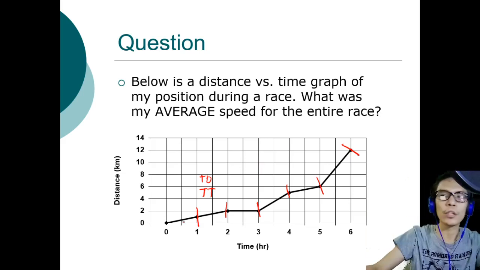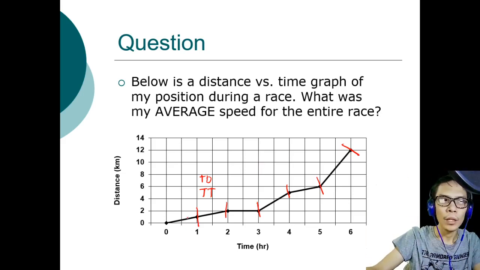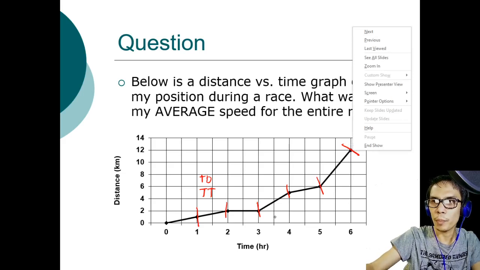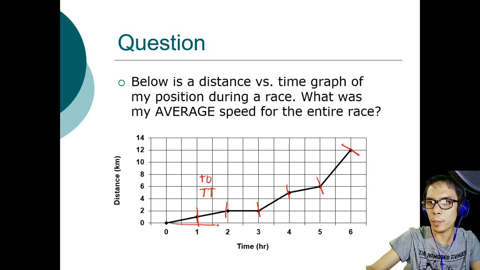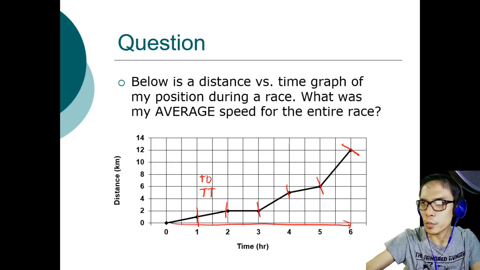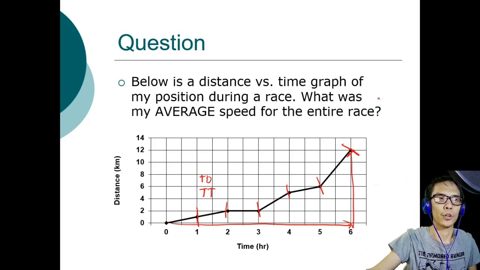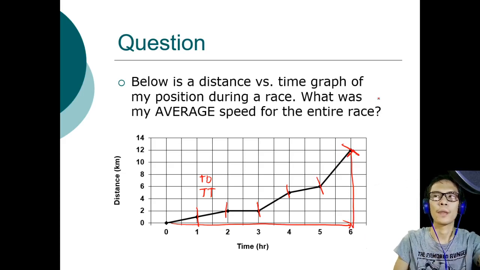But if it is a graph, you can go directly from starting here. This will be your run, and this will be your rise. You can go directly there. So there are two ways of solving this one.